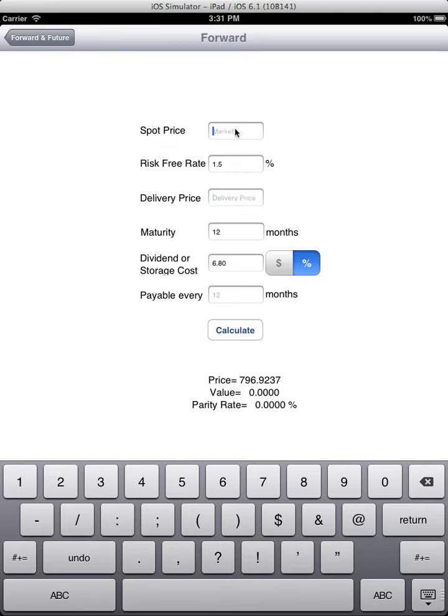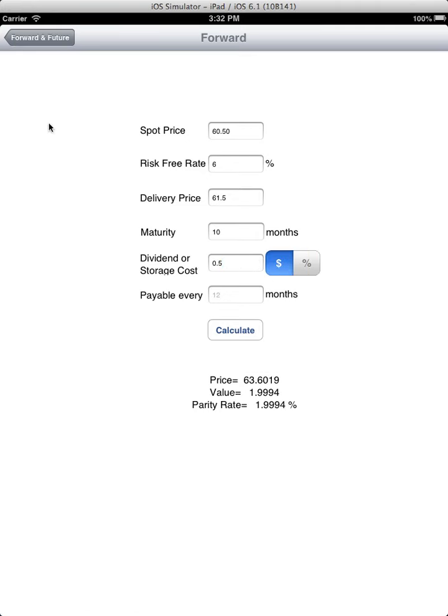The spot price is 60.50. Risk-free rate is 6%. Delivery price is 61.5. Maturity is 10 months, and 0.5 is the rate, and here we calculate. That's the value, that's the parity rate.